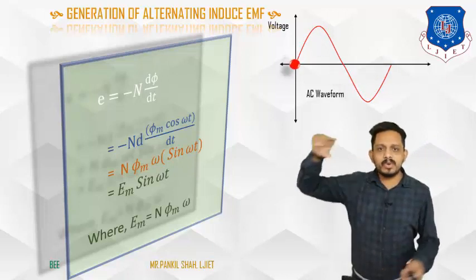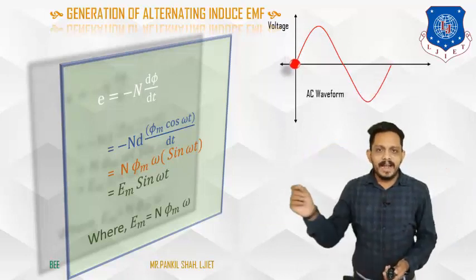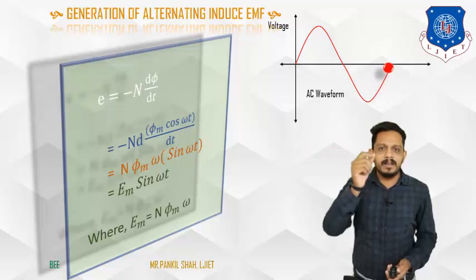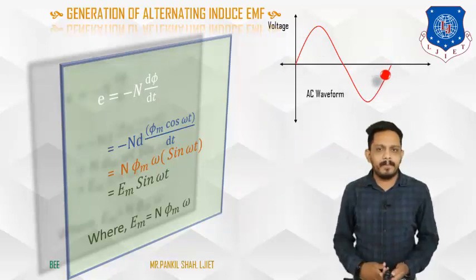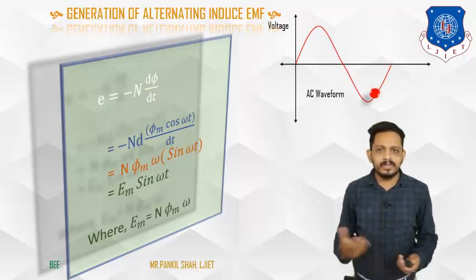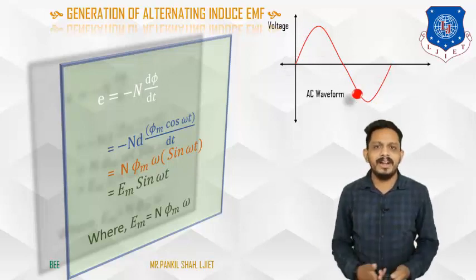So the coil has rotated one complete cycle from 0 to 360 degrees, and at different angles we have measured EMF by this equation, and we have joined all these points, so we obtain this waveform, and this is nothing but the sinusoidal waveform. So this was all about the EMF generation and the equation of the generated EMF, which is in sinusoidal waveform.